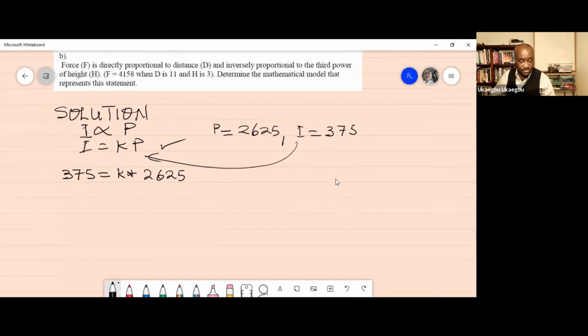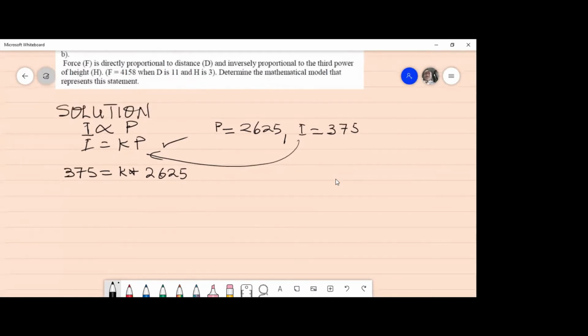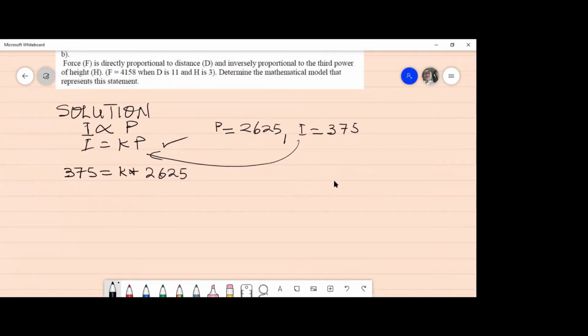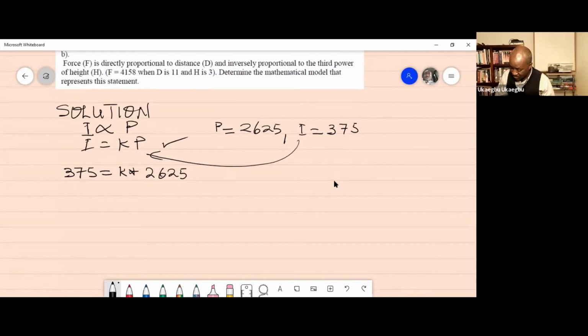Quickly, how do we solve for K? Cross multiply? Not really. We're solving for K, so divide both sides by 2625. That's what I'm going to do now.